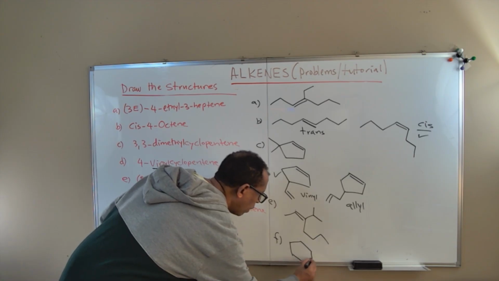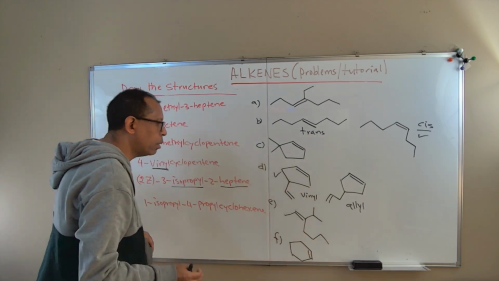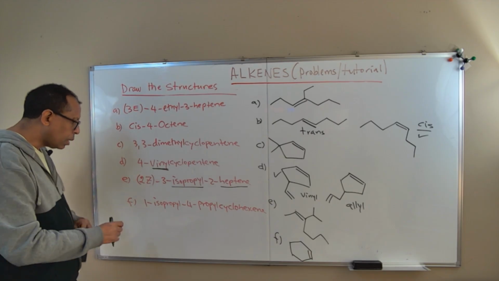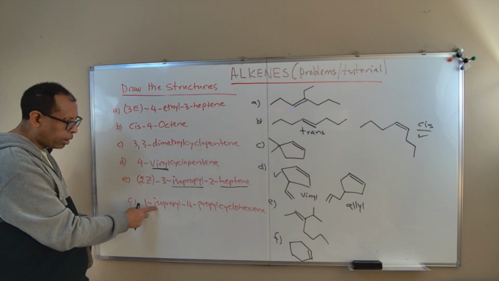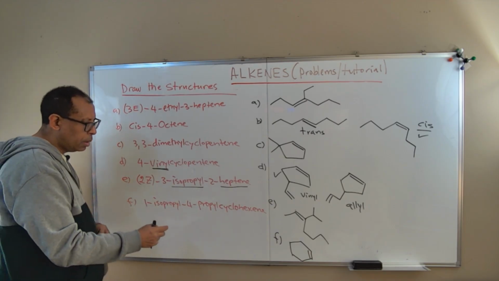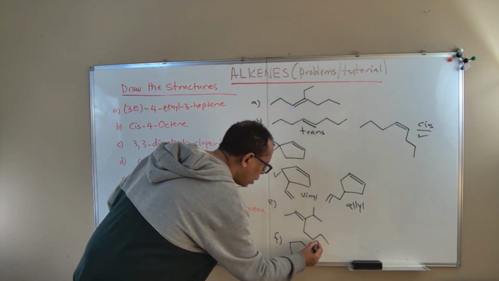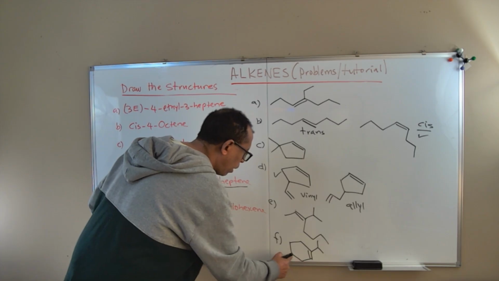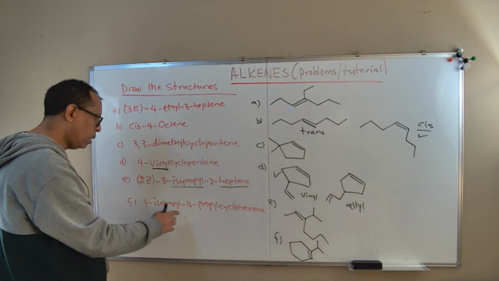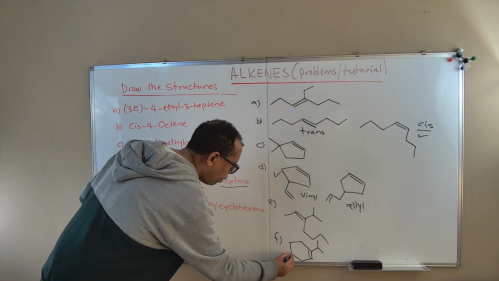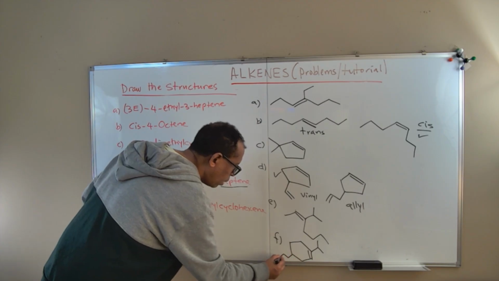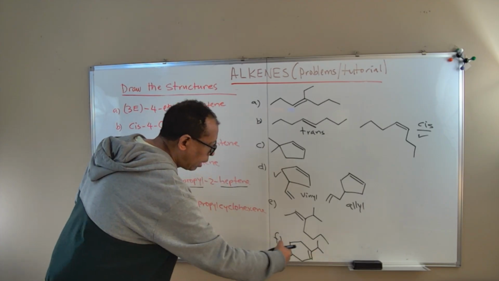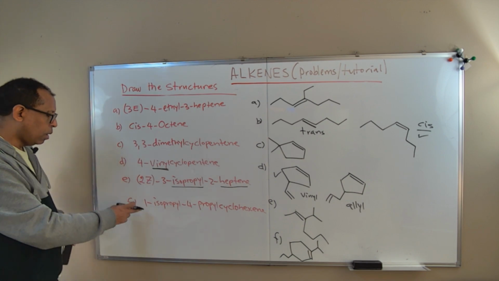I have this, and cyclohexene, obviously an alkene, but at 1 position I have isopropyl. Isopropyl can be here if this is 1, 2, 3. At 4 position I have propyl. Propyl is 3 carbon. So that is the structure for F.